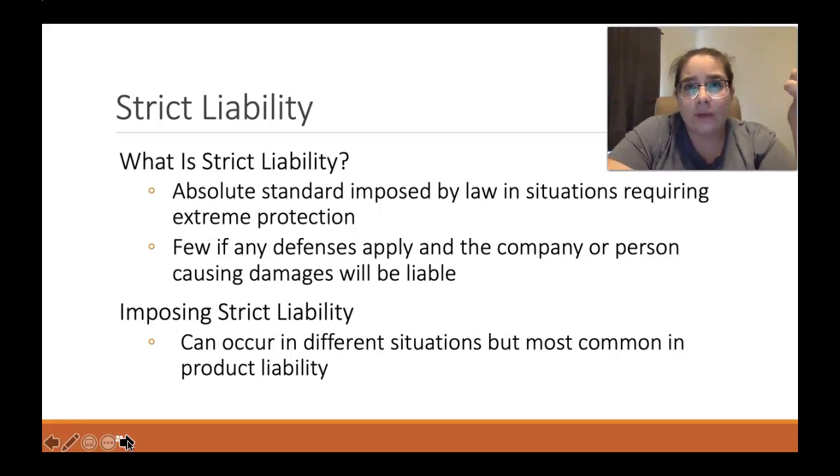Another way that strict liability can happen, and a good example, is dangerous dogs. So if your animal has a history of biting other people, biting other dogs, the government has created a mechanism by which the government can recognize that that is a declared dangerous animal. And if it subsequently harms someone else or something else, strict liability will be imposed and you're going to be on the hook for that regardless of why it happened.